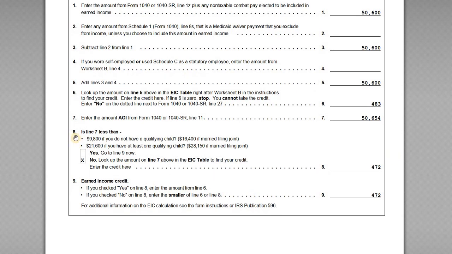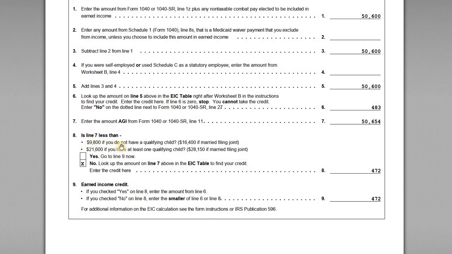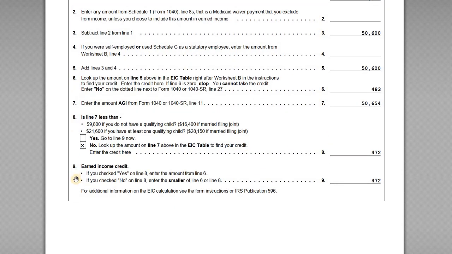And so now we ask ourselves the questions prompted in lines 8 and 9. And so line 8 is asking, is line 7 less than either of these amounts? In our case, no. So no. So we looked up the amount on line 7 and entered that there. The line 9 question here, earned income credit, if we checked yes on line 8, enter the amount from line 6.